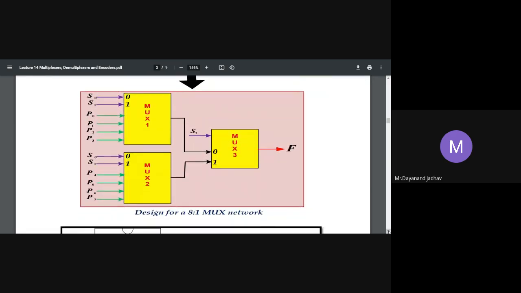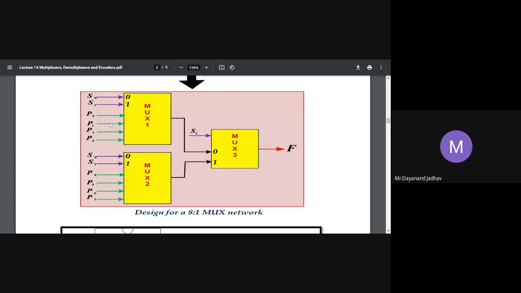See here how we can implement it by using simple two multiplexers, that is two 4 is to 1 muxes. These are the four inputs for the first, these two select lines for the first multiplexer, these same two select lines for the second, and these four inputs for the second, that is P0, P1, P2, P3, P4, P5, P6, P7.